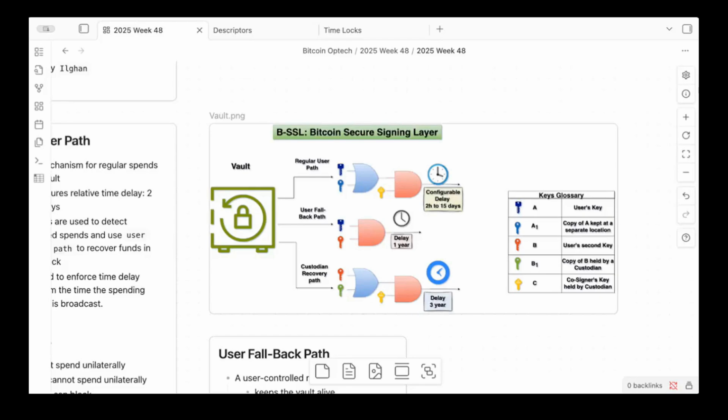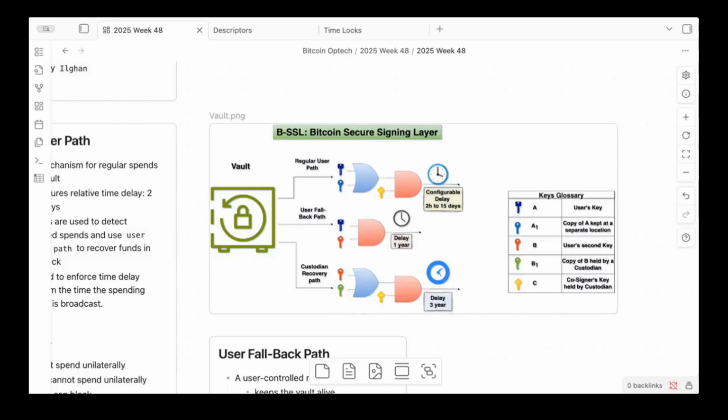If you have your own key, there is no problem, you can just call up C and ask him to co-sign the transaction and move your funds out. So B1 is required only in the worst case. After 3 years, you have lost all your keys. You have lost A, you have lost A1, and you have also lost B. Then you have to knock on B1 to sign the transaction.